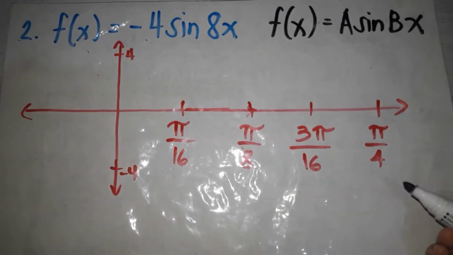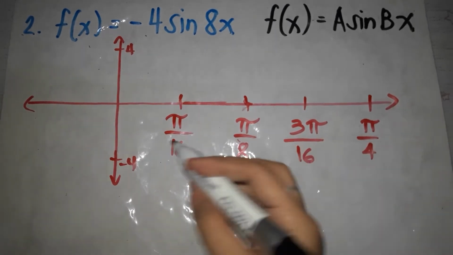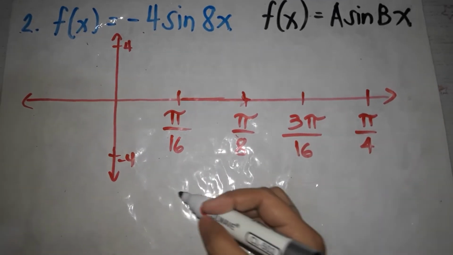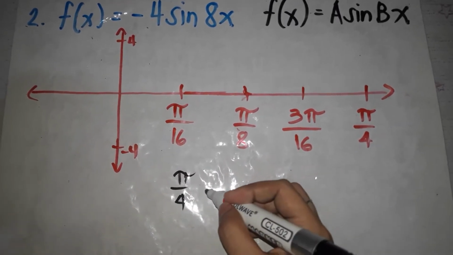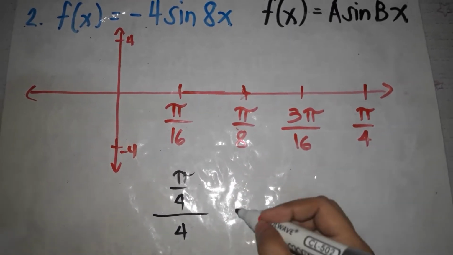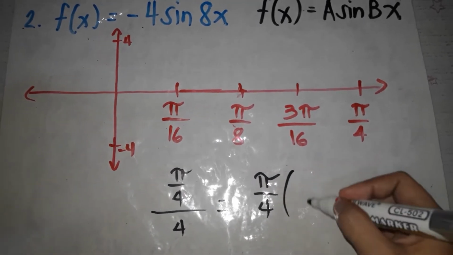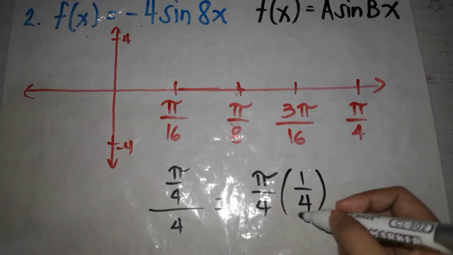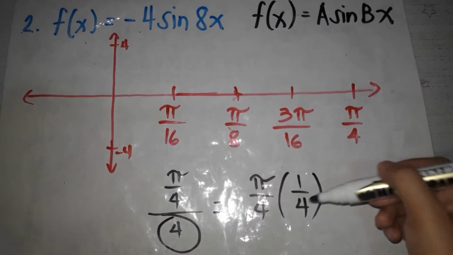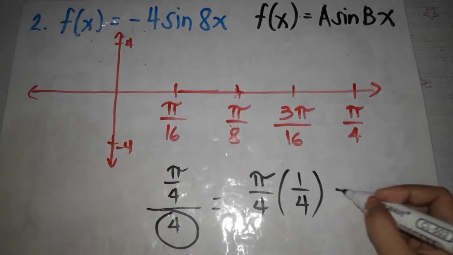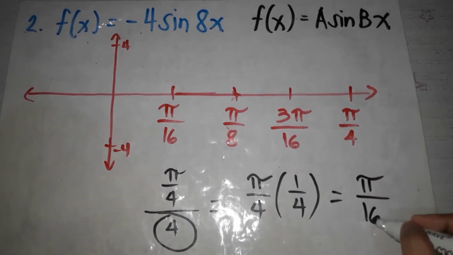To draw the graph, we divide the period pi over 4 into 4 equal parts. To show the solution, pi over 4 divided by 4 is pi over 4 times 1/4, the reciprocal of 4. Pi times 1 is pi, 4 times 4 is 16.